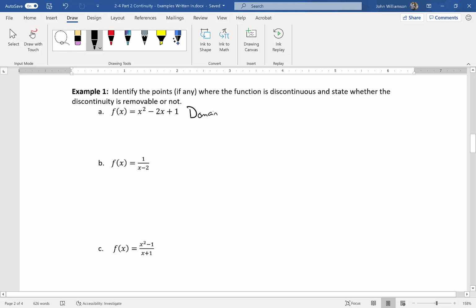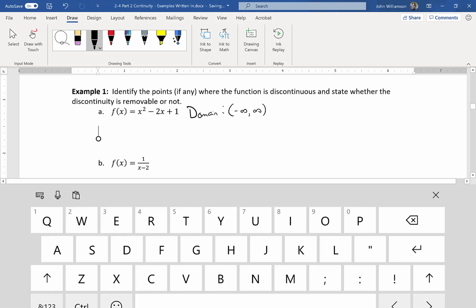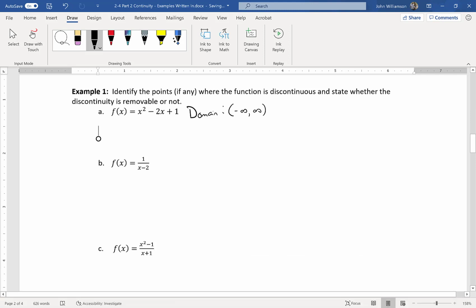So in this case, what's our domain? What type of function is f of x equaling x squared minus 2x plus 1? It's a polynomial. So the domain for every polynomial function we know is negative infinity to infinity. The beautiful thing about this is that if the domain is negative infinity to infinity, there aren't any undefined values.